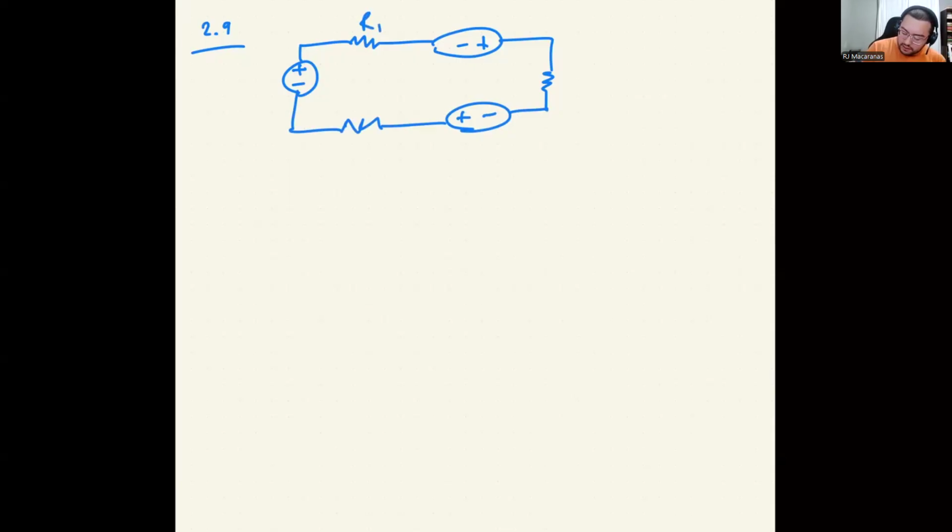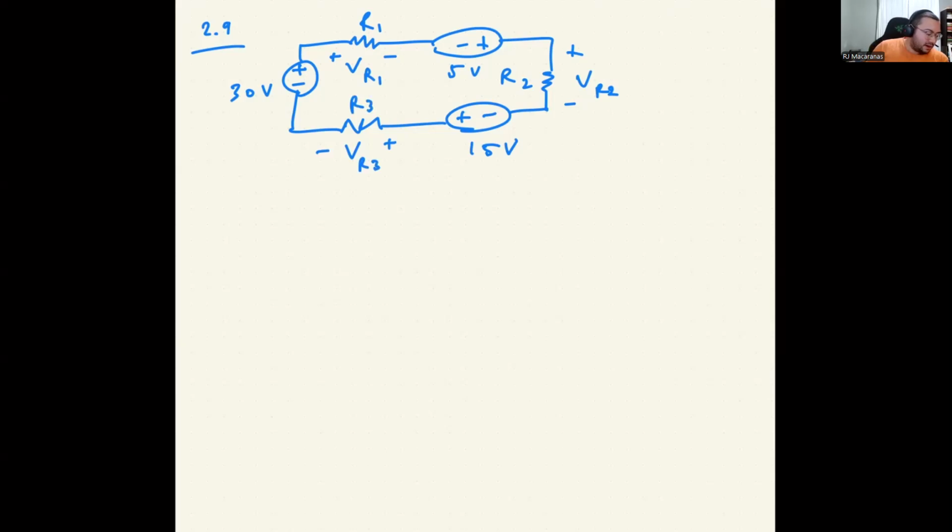So we've got R1, this is 30 volts, 5 volts, R2, and they've defined the voltages like so. All right, so that's the circuit we're looking at, and this time we're trying to find the voltage across R3.